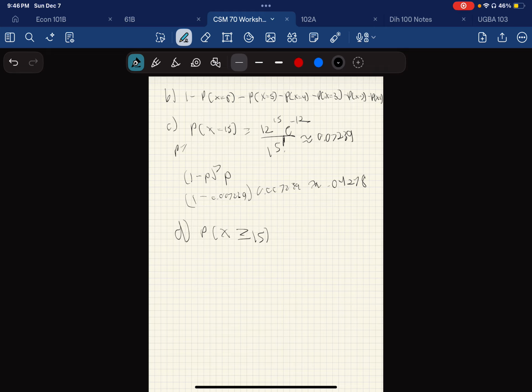Our p would actually change, because before our p was just when x is 15.